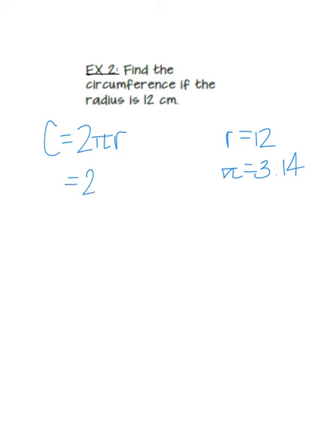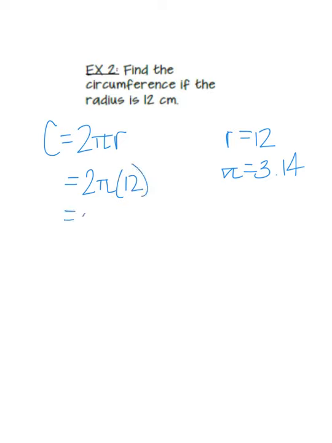Let's do another. Find the circumference if the radius is 12 centimeters. So now c equals 2 pi r. R is 12 and pi is 3.14. Now we're going to begin by simplifying as much as we can. So that would be 2 times 12.